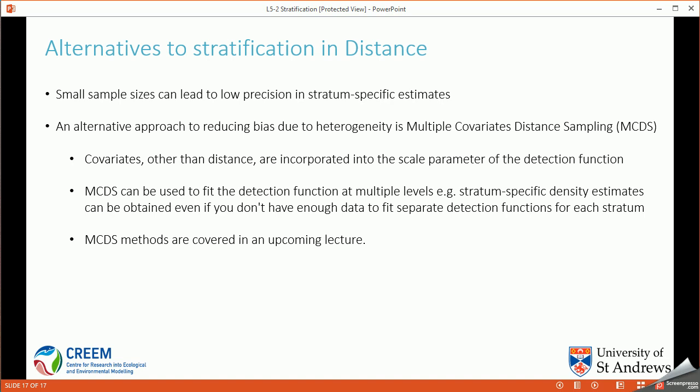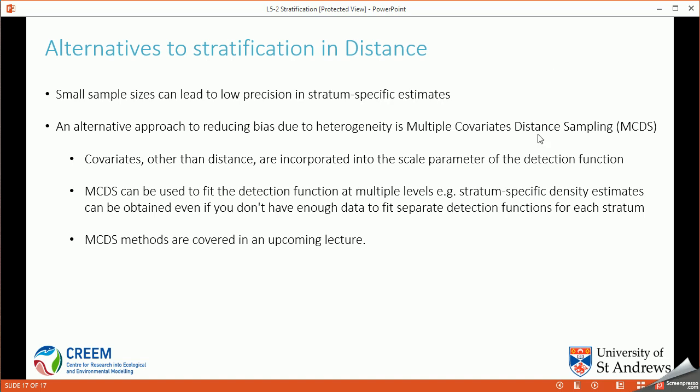So perhaps you have a large enough sample size when you do it across the whole survey region, but when you cut the survey region into strata, you find that within some of those strata, your sample size is too small for reliable estimation. Well, then one option is just to combine strata until you have adequate sample size in each of them. But another approach is to use multiple covariate distance sampling.